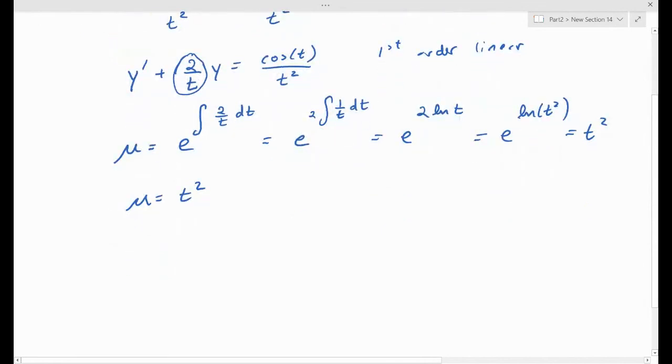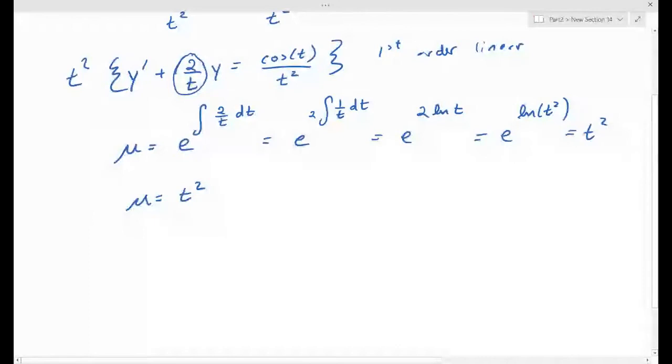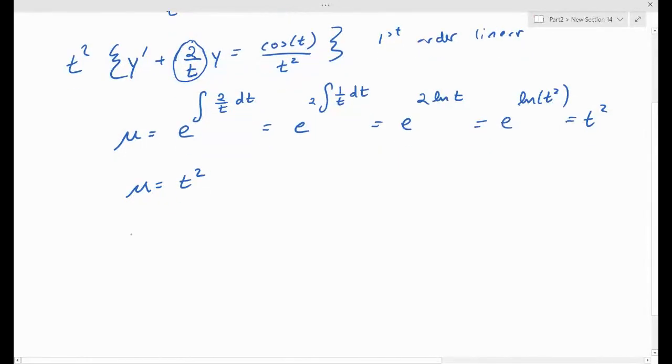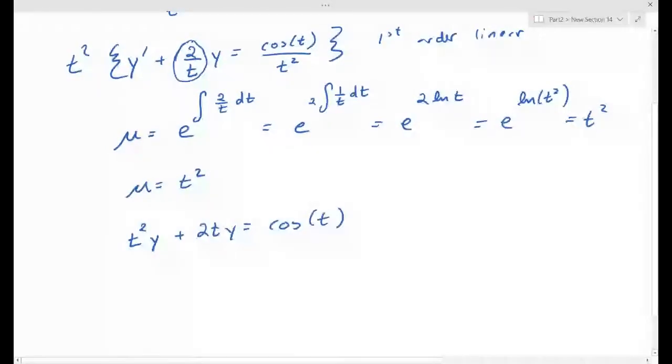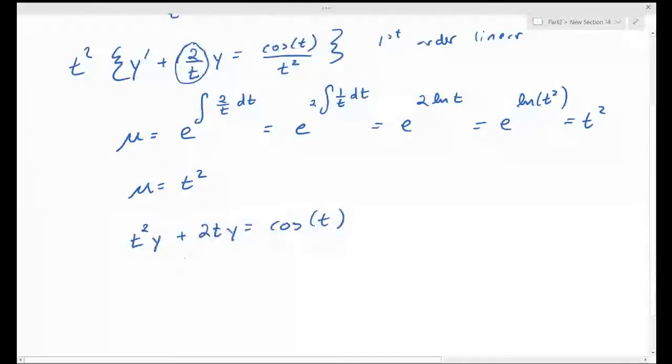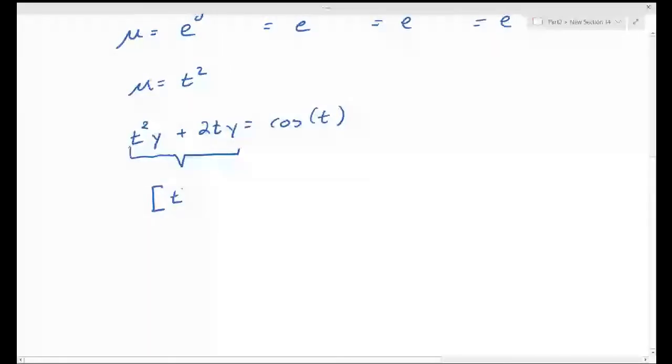Okay, so the job of this integrating factor is to multiply both sides of this original equation. So multiply both sides by t squared, which was kind of stupid because that's what we started with. But the idea is that invariably this left-hand side is the result of applying the product rule to the integrating factor times y.